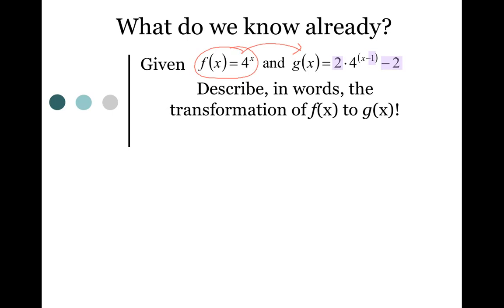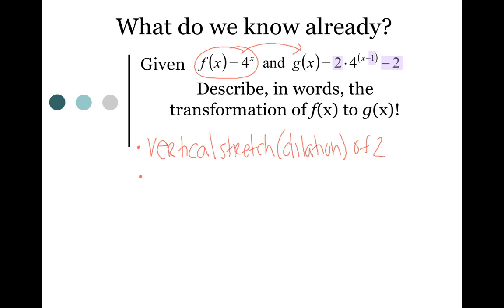The first thing that's happening is there is a vertical stretch, like a dilation of 2. The next thing is that 1. That's going to make it translate right 1.